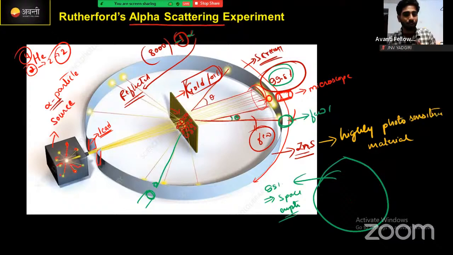He had a thought like that, means alpha particle is positively charged, correct ना? Gold atom here is reflecting the alpha particle, means positive charges, something should be there inside the atom, that's why it is reflecting. That is the thing which came in the mind of Rutherford, correct ना?